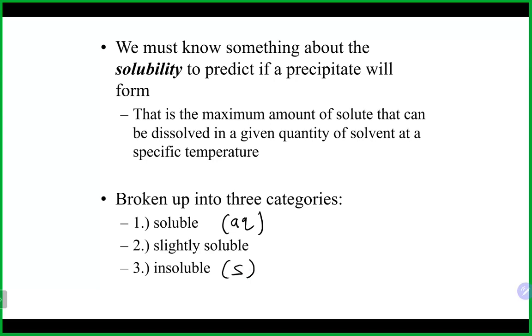There is a third classification that you probably won't come across all that much, but it is out there, sometimes referred to as slightly soluble. Slightly soluble basically leans more towards insoluble. Most times when you see something classified as slightly soluble, most people will put it in the insoluble category, meaning it's going to make a solid.